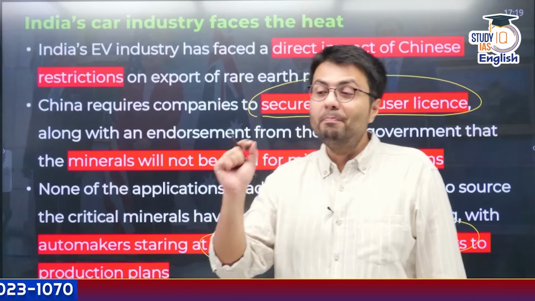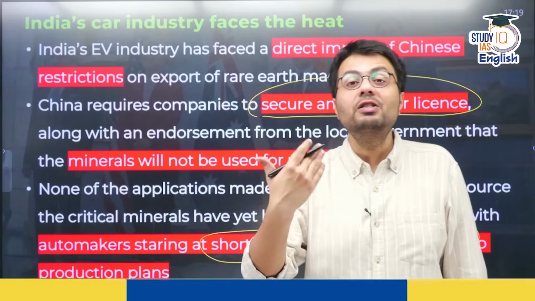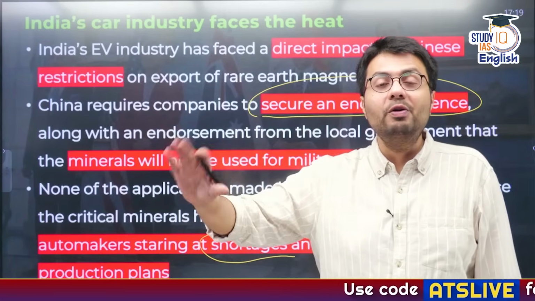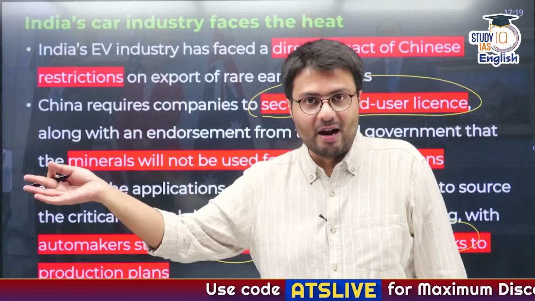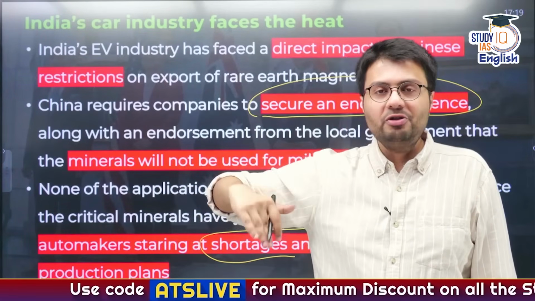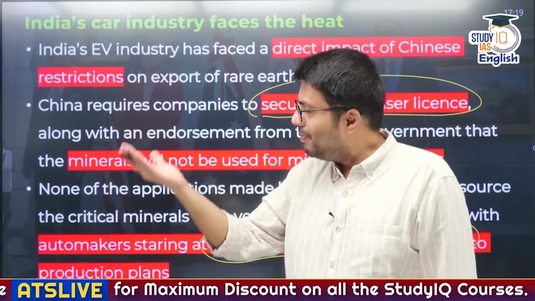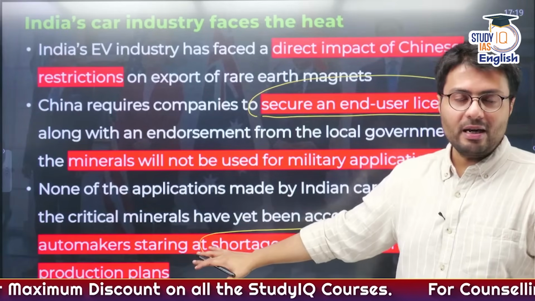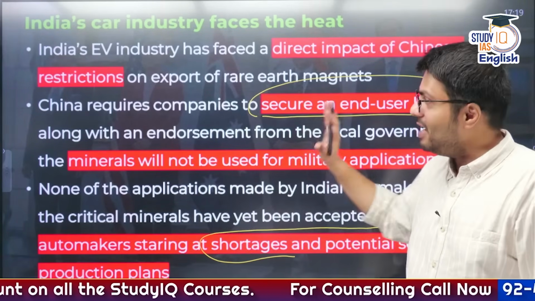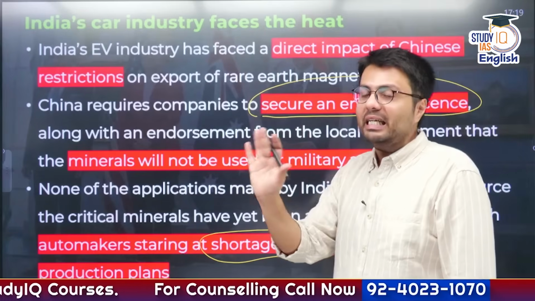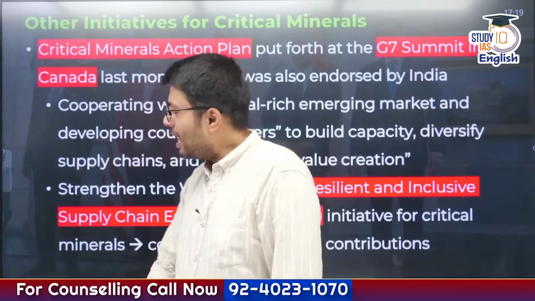For example, the biggest car manufacturer in India, Maruti Suzuki, is planning to come up with its first EV, the e-Vitara, right? Now the manufacturing schedule of the e-Vitara has been delayed because of the lack of rare earth magnets available in the Indian market. So this is how it impacts the Indian EV sector also, right?